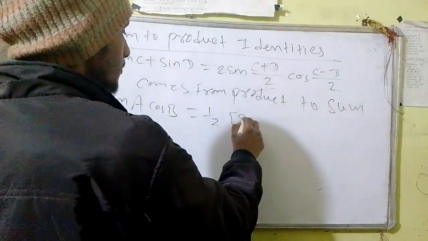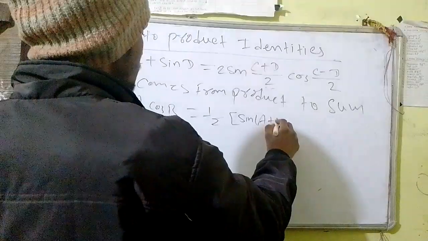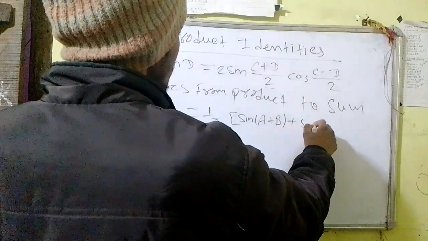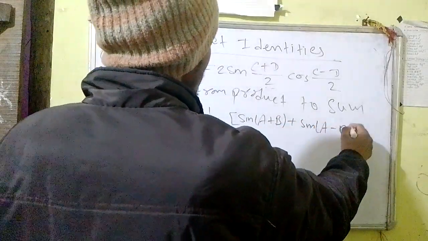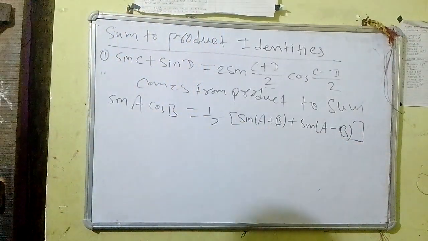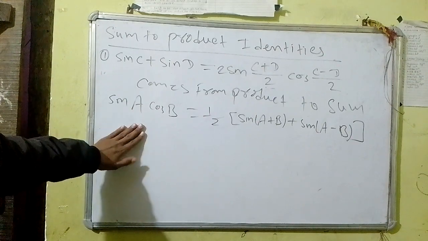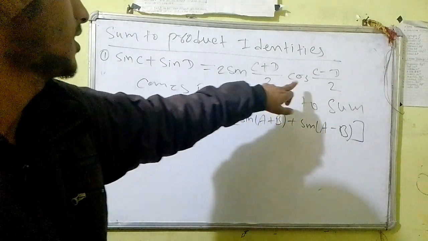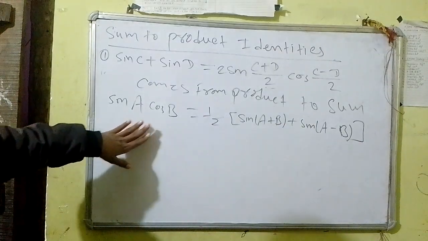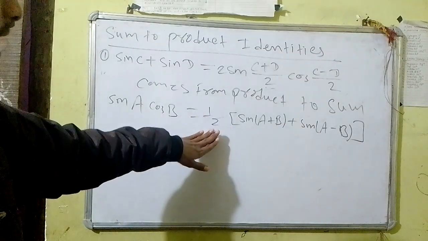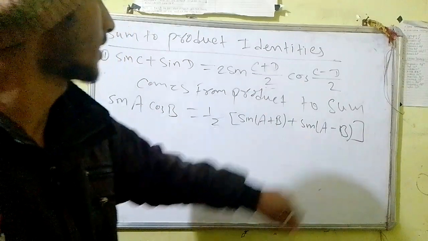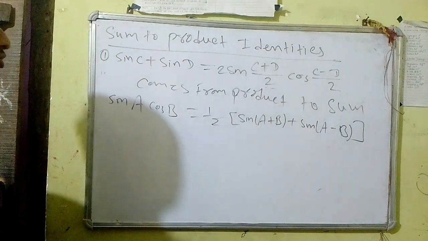This is half sine A plus B plus sine A minus B. I hope you can remember this. If you can't, then check out your notes. How do I know that this is associated with sine A cosine B? Because here is sine apparent and there is cosine apparent. So sine A cosine B, and this formula is half sine A plus B plus sine A minus B.